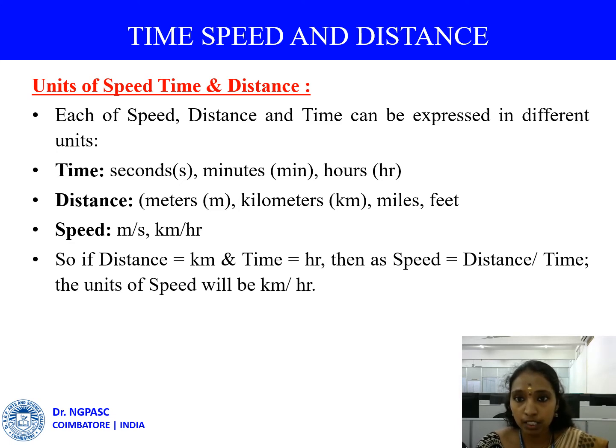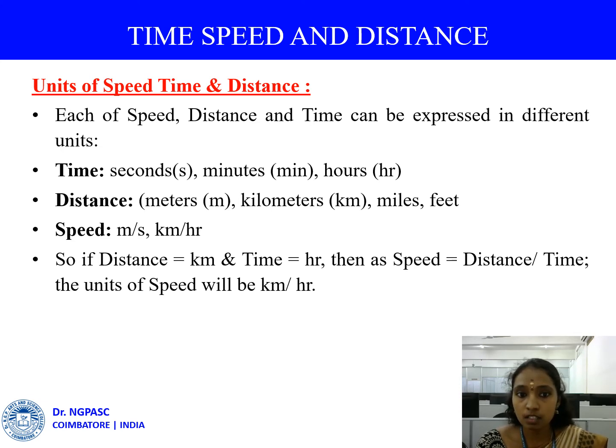Time can be calculated in seconds, minutes and hours. Distance can be calculated in meters, kilometers, miles and feet, where miles and feet are used in rare cases. The units of speed are meters per second and kilometers per hour.